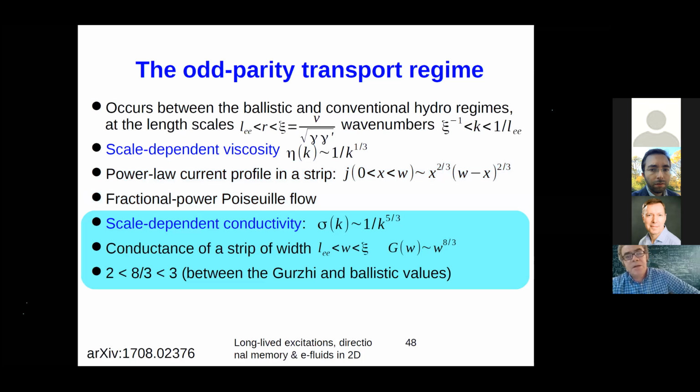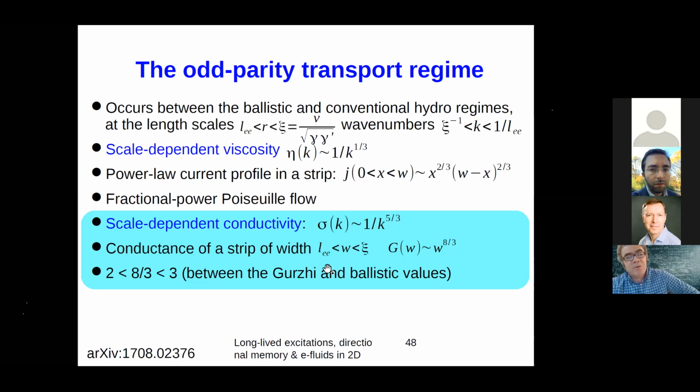As a result, there'll be a deviation from Poiseuille scaling. There'll be a change in all the other scaling relations that we're used to in ordinary viscosity. So instead of 1 over k squared for conductivity, it will be 1 over k to the power of 5/3, and so forth, and similar for conductance.